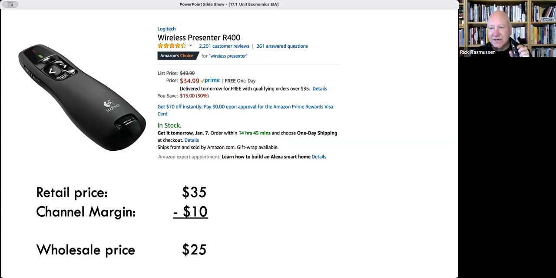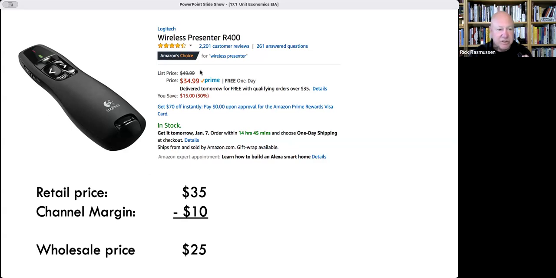If I were to go on to Amazon today, the wireless R400 Logitech initially listed at $50 and it's sold here on this website for $35. This is important because often you will be dealing with third parties like Amazon that will be helping you sell your product or service.